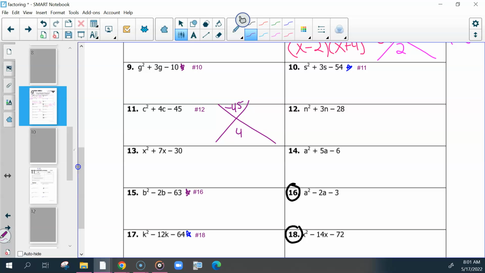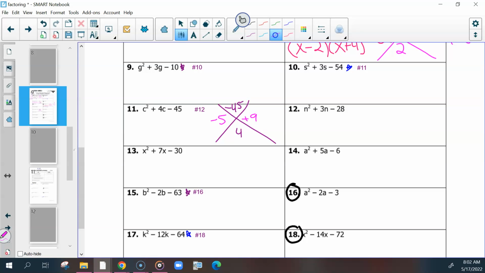Or what are some factors of 45? 9 and 5. There are others, but if I made 9 negative and 5 positive, would that give me +4? No. What about if I switch that? -5 and +9? Yeah.